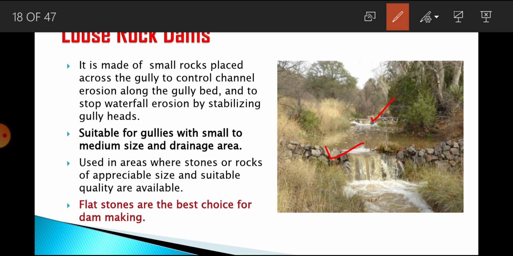So all the temporary structures like woven wire or brush dams are not supposed to be a single structure over the entire length of the gully. There may be a number of such structures throughout the gully at particular intervals.